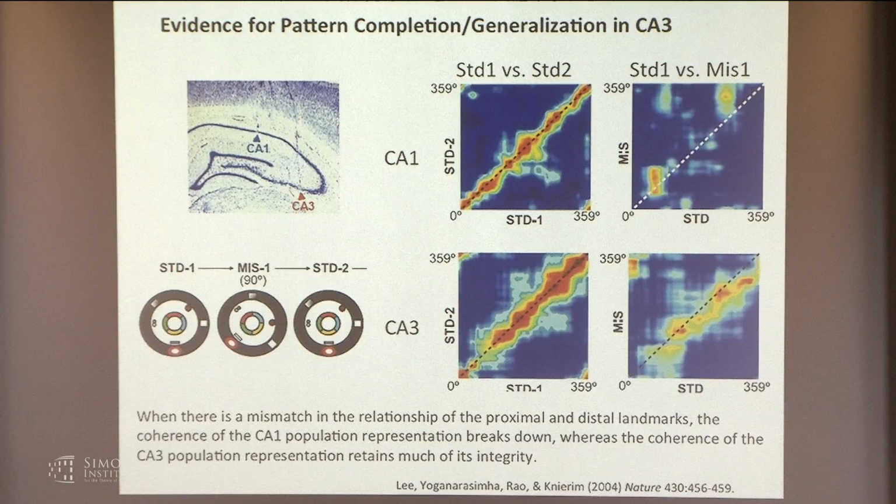The interesting question is, how do the cells respond to these cue mismatches? If we look at CA3 first, we see that there's still a band of high correlation. It's not as strong as between standard 1 and standard 2, but there's still a band of high correlation there. Meaning that even though we've changed the cues, CA3 is taking this mismatched input, these incorrect inputs, and is still able to retrieve and show a representation that's very similar to the original one.